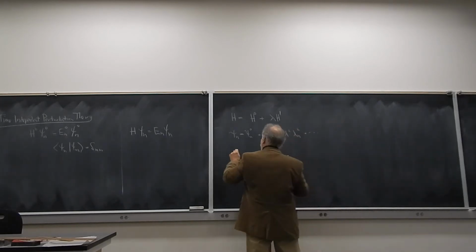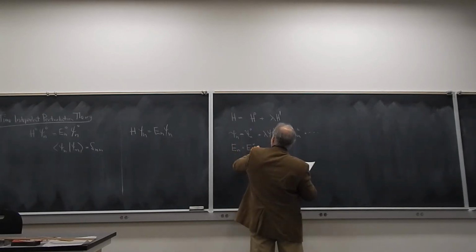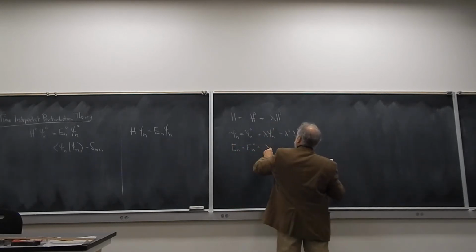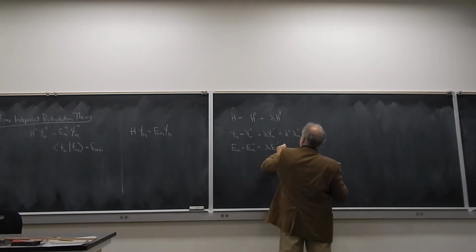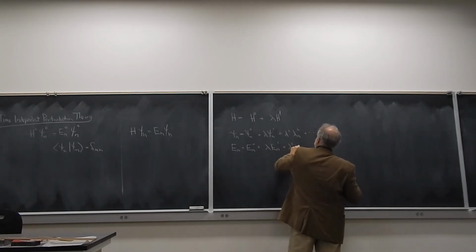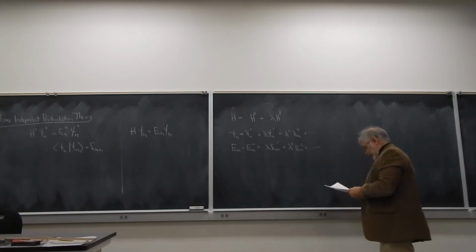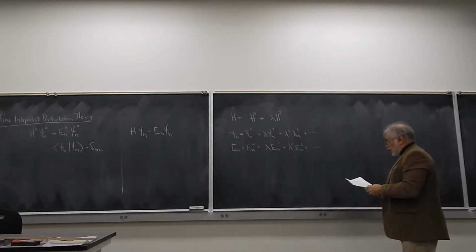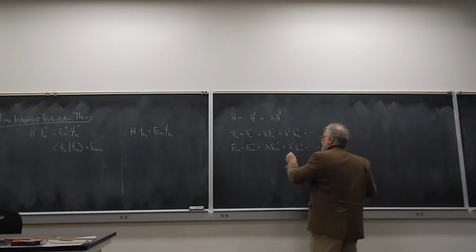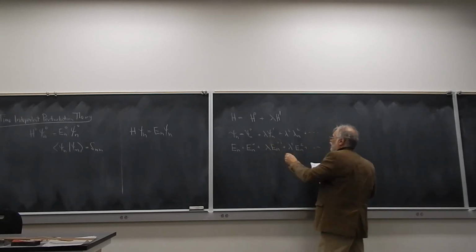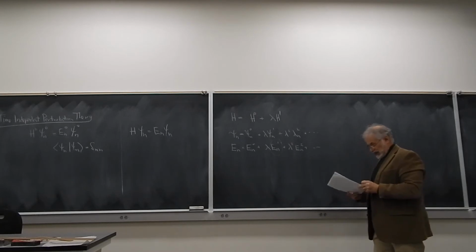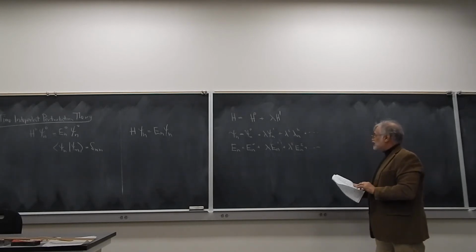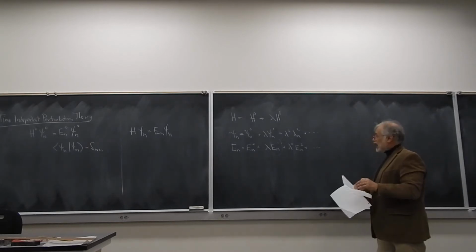I'm going to write my energy eigenvalues E sub n as E sub n0 plus lambda E sub n1 plus lambda squared E sub n2, and on and on. We call E sub n1 the first order correction to the nth eigenvalue. Psi sub n1 is the first order correction to the nth eigenfunction.